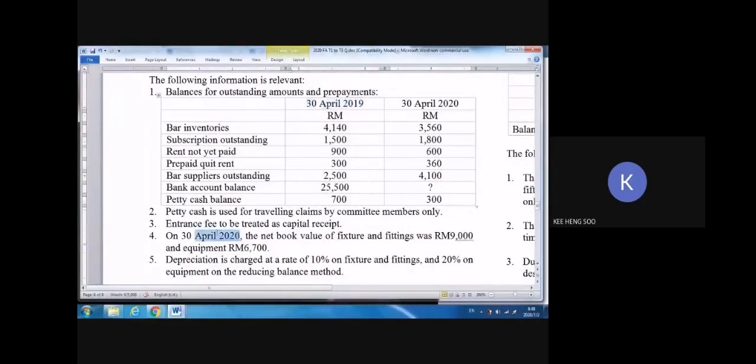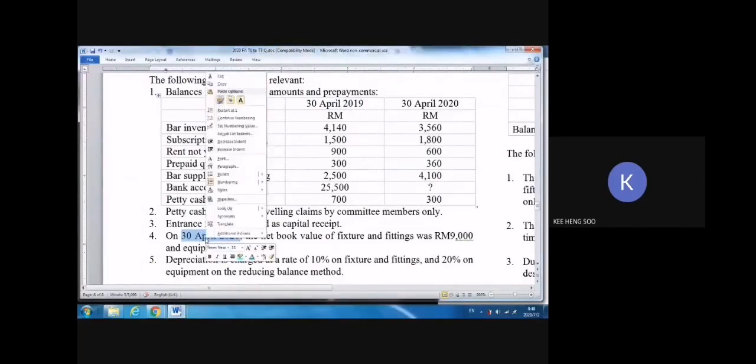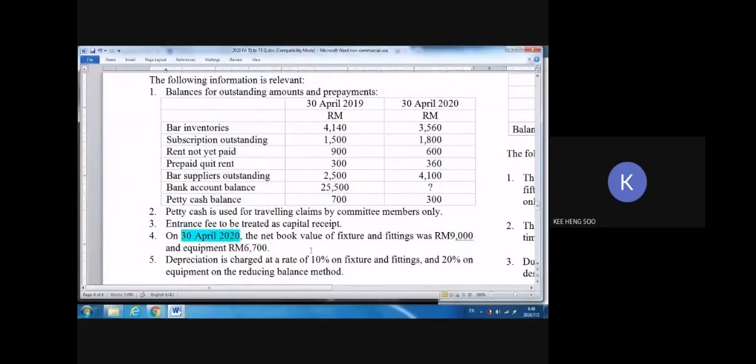Listen here, you can see that my question is not clear, so I'm going to clarify it in the lecture hall. A student told me there's a mistake. On 30th April 2020, the net book value is 9,000 and 6,007. Do you see that? Net book value is 9,000 and 6,007.